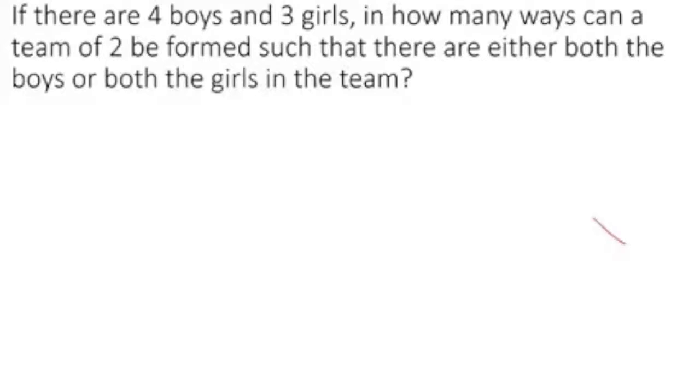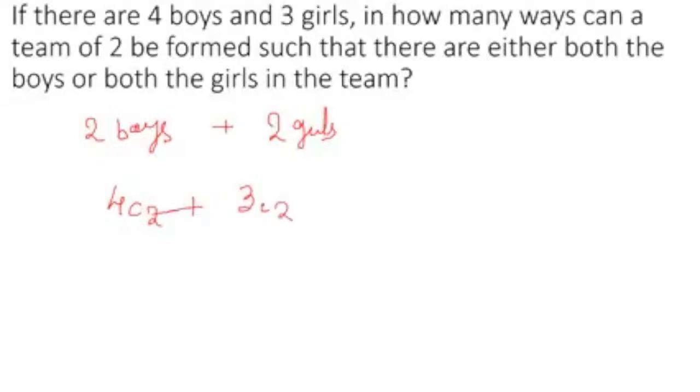The logic is: 2 boys I need to have, or 2 girls should be there. So the number of ways of selecting 2 boys from the 4 boys is 4C2, plus 3C2. So the final answer is 6 plus 3, which will be 9 ways.